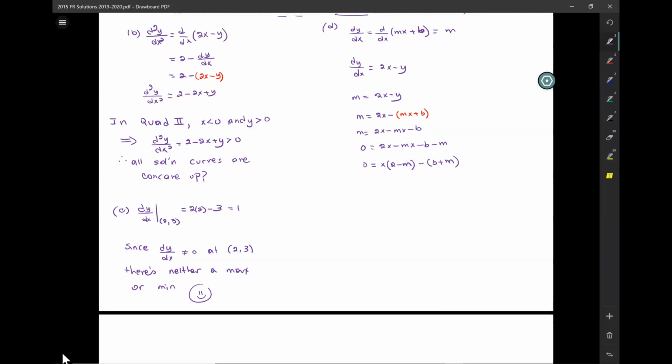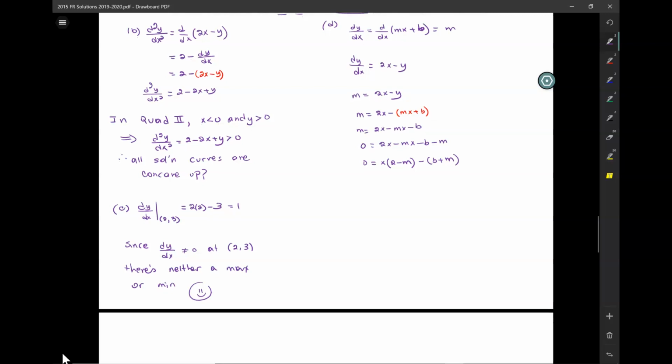Remember way back in the day, we had 4x squared plus 3x equal to a plus b x squared plus cx. And we said the coefficient of x squared is the same as the coefficient of x squared. So we say 2 minus m is equal to 0.